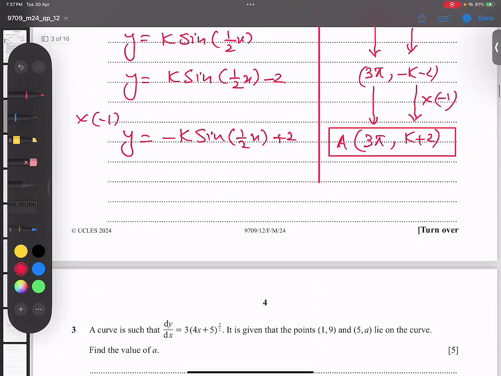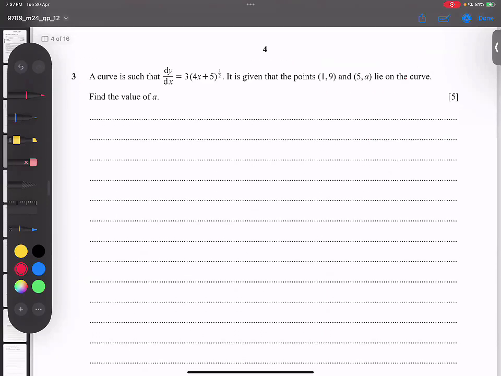Okay, so let's go for the next question. The next question is, the derivative dy over dx is given as 3 times (4x plus 5) to the power half. These two points are given, and find A. So students, what is the technique? You know it very well. When we differentiate the equation of a curve, you get dy over dx.